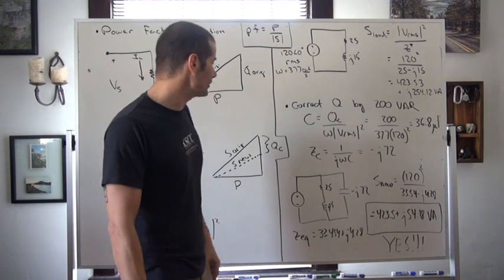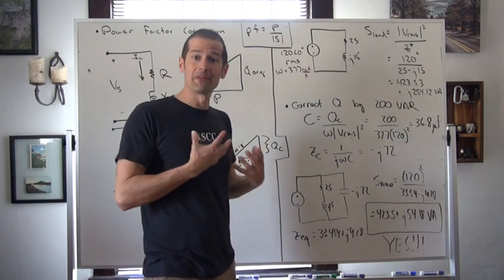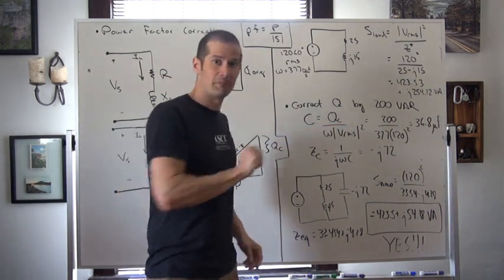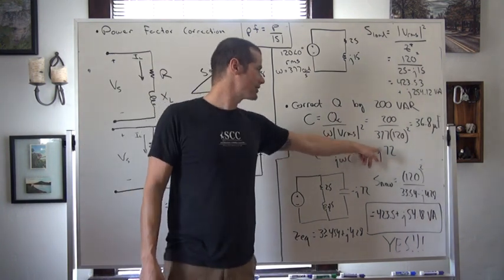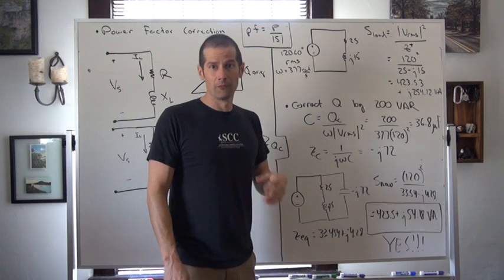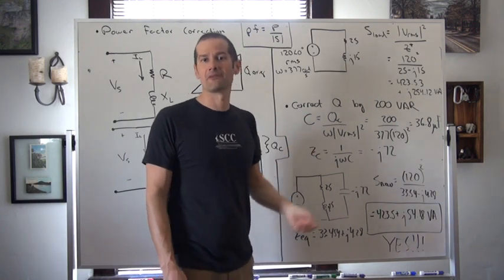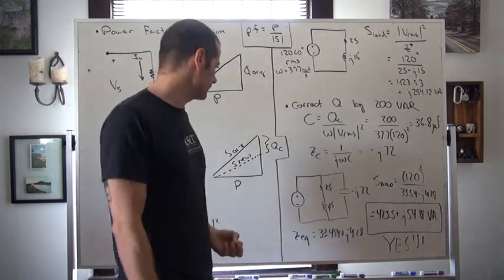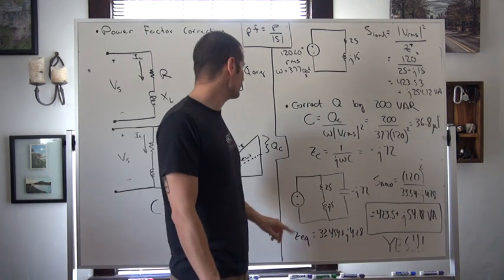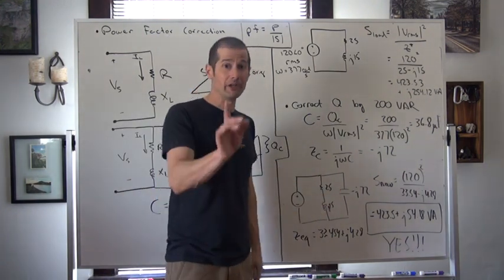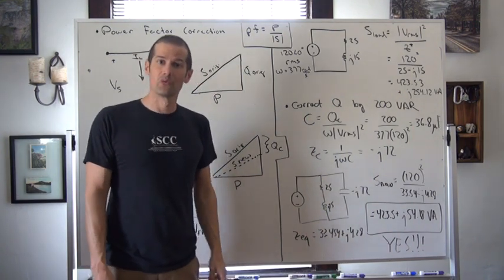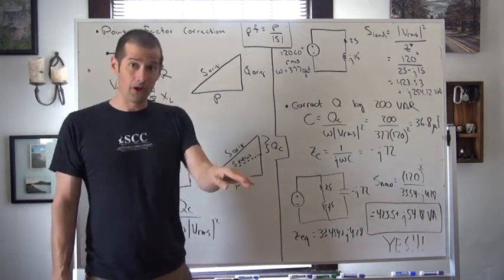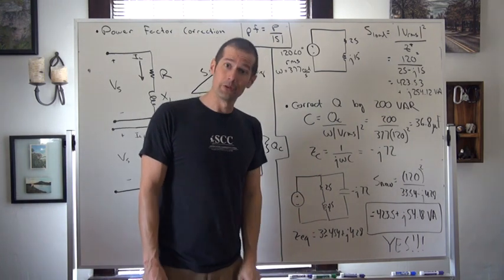And if we calculate the impedance of that value that we're going to introduce in parallel to that resistive inductive load, we get essentially negative j72 ohms for our capacitive impedance. Now, considering that we put this in parallel, we are not at all changing the voltage across that original load, and we're not changing the current through it by any means.